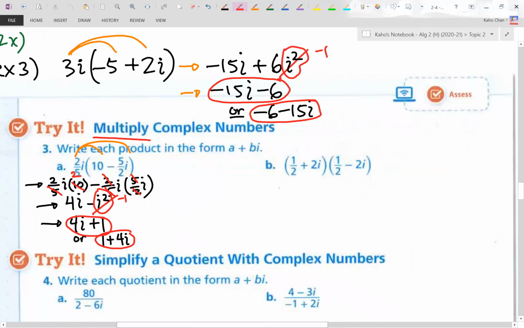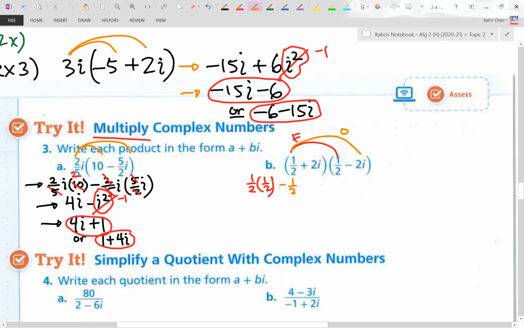Number 3b is basically a binomial times a binomial. There's going to be FOIL, basically. Let's do it. 1/2 times 1/2, first terms. Outer terms are next. We have 1/2, let's see, it's going to be a minus sign, isn't it?